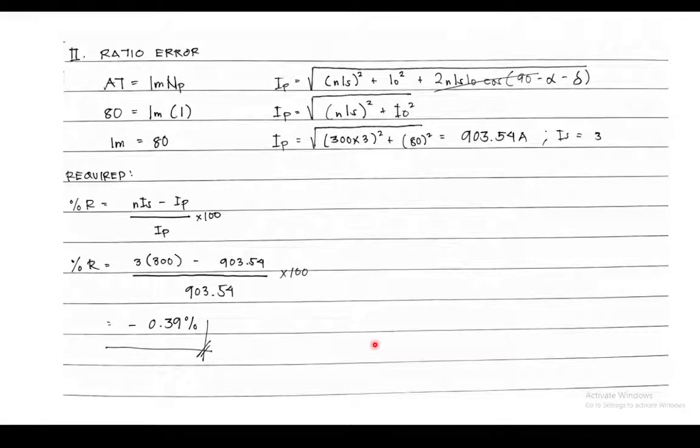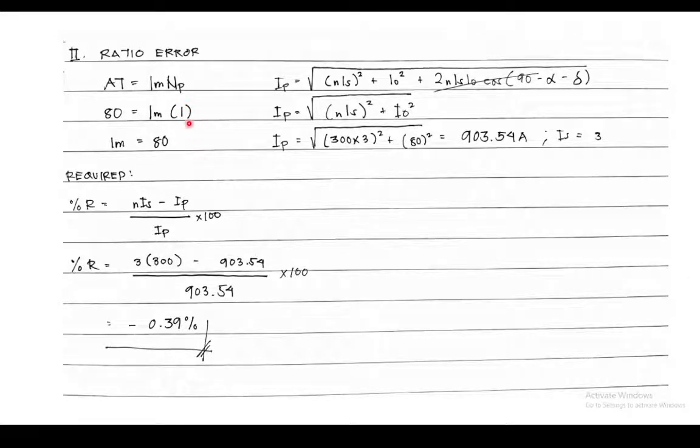So, sa ratio error naman, since yung load naman is purely resistive, ang MMF natin is 80, and we have the IMNP. Ngayon, para makuha natin yung magnetizing current, substitute lang natin yung value ng sa primary turns, which is equals to 1.